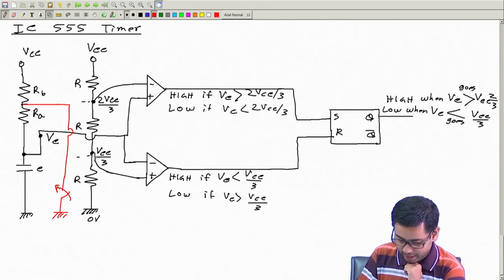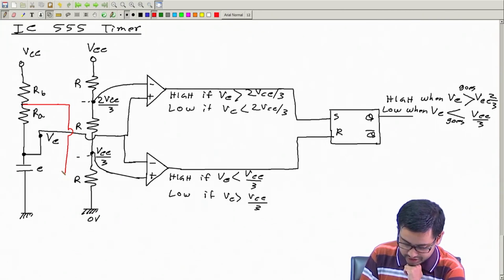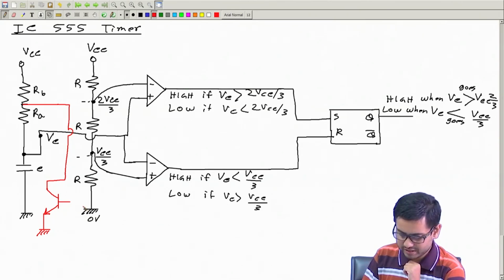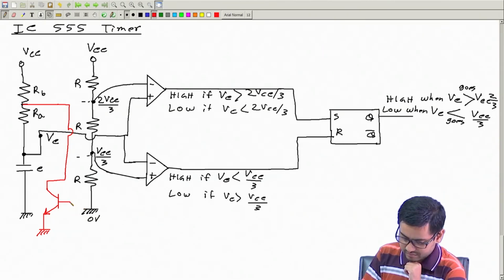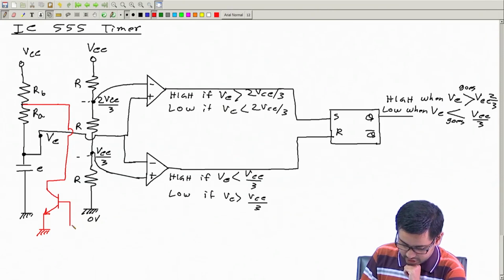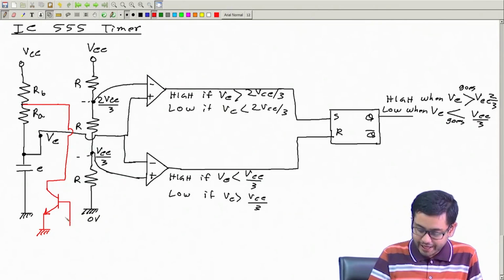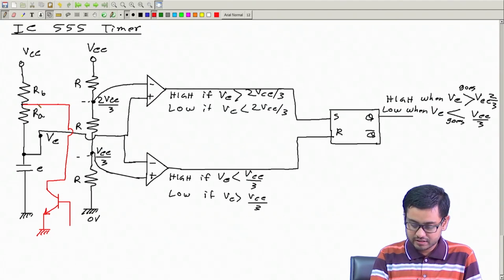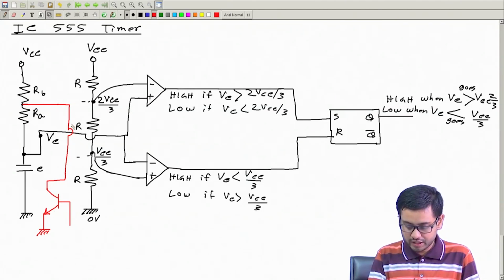Now I cannot take a manual switch like this. I will take an electronic switch, a transistor based switch. If I give a positive or high voltage here at the base, then this transistor will act like a short circuit, so the switch will be on, current will flow like this, and the capacitor will discharge.